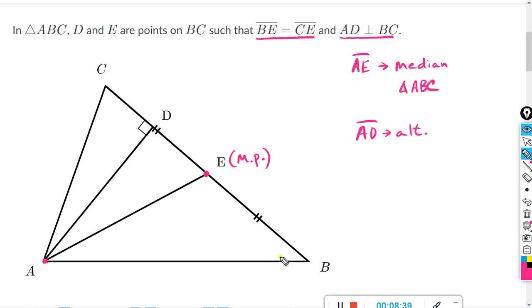So it's an altitude for triangle ABC. But it's also an altitude for this triangle right here. Because it's perpendicular, you can say it's an altitude for AEC as well. I don't know if they're going to have that as an answer, but either one of these will suffice for AD.